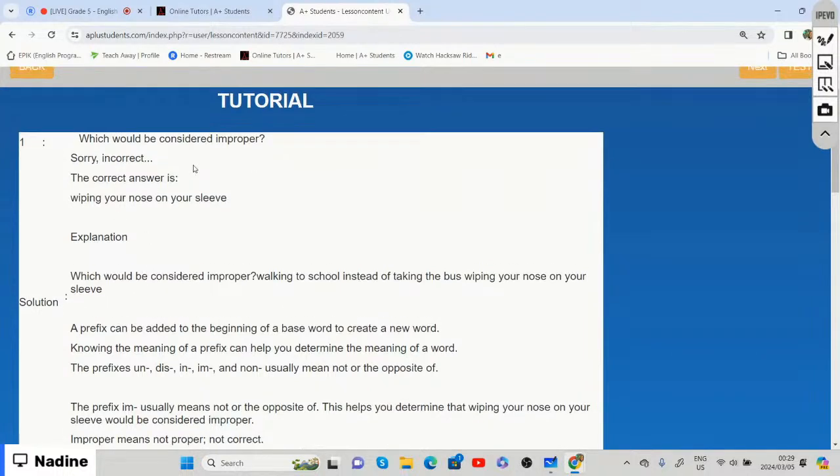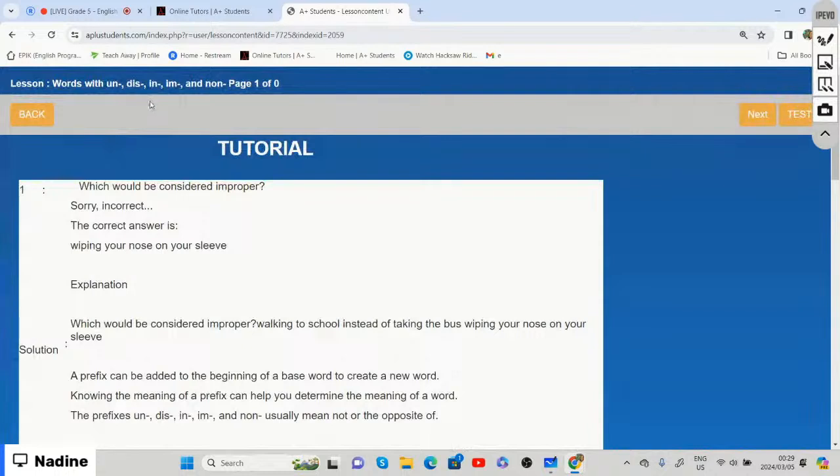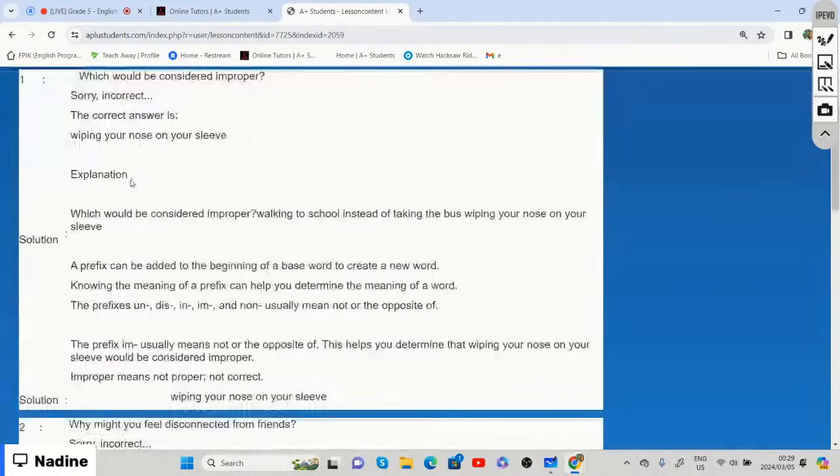And all of these prefixes, an, dis, in, im, and non, mean the same thing. They usually mean not, or opposite of.